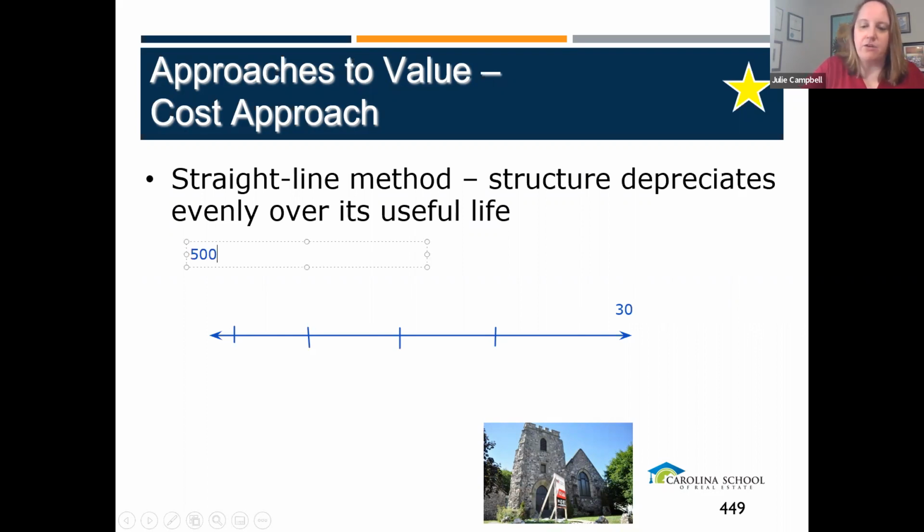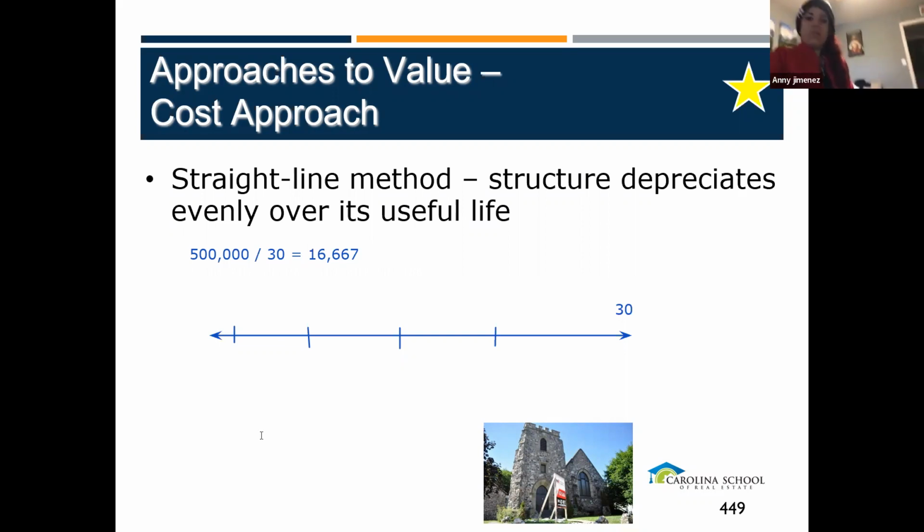For example, say the value of the structure is $500,000 and its economic life is 30 years. Taking 500,000 divided by 30, every year this structure is going to lose $16,667. Year 1, it loses that amount. Year 12, it loses that amount. Year 23, it loses that amount. That's straight line depreciation. Accountants use this tool a lot as well when they're depreciating.